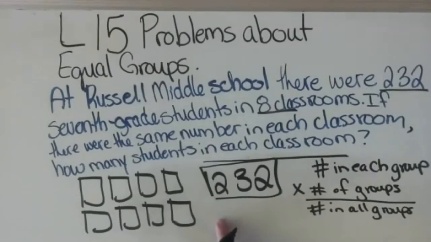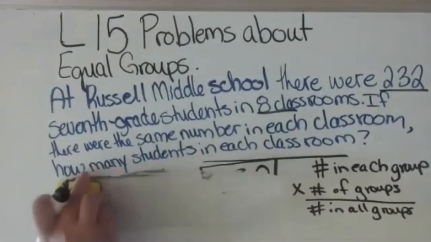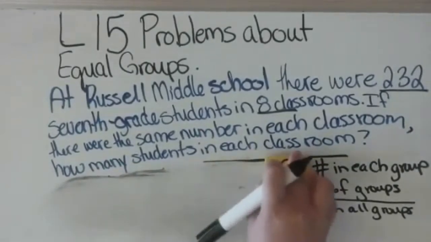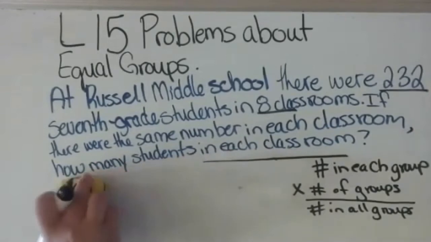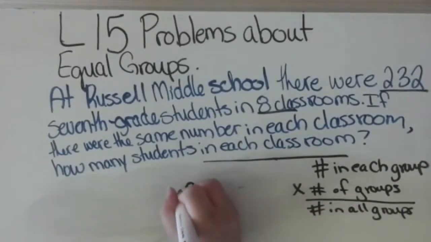So I'm going to erase this piece. And we're going to take a look at it. So what I have is number of groups, which is 8. And I have the number in all my groups, which is 232.